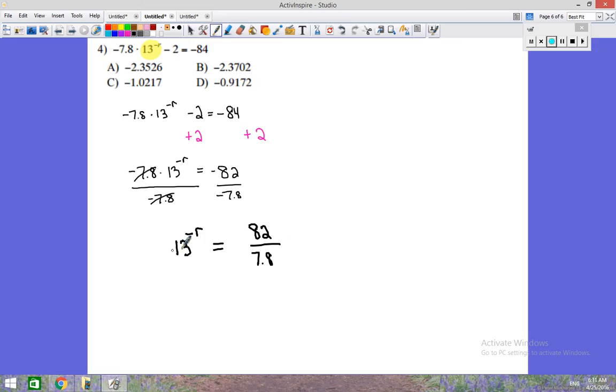Okay, the inverse of an exponentiation is logarithms. We're going to take the log of each side. If we take the log, and we can do that, take the log of each side, and the log can be of any base. We're choosing a common logarithm because we're getting a decimal approximation from our calculator, and our calculator only has two log buttons, the natural log and the common log.